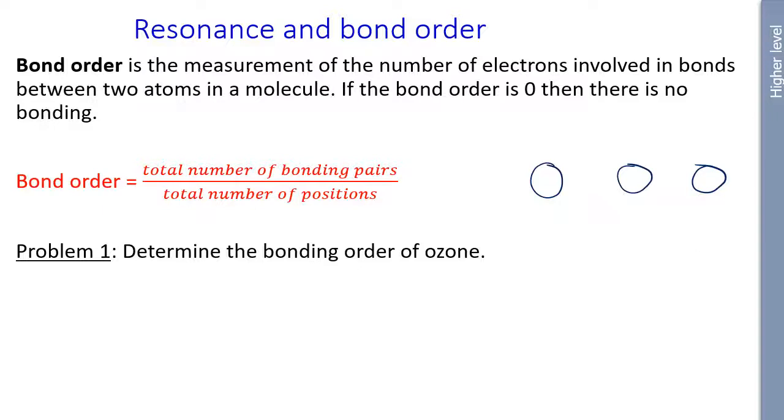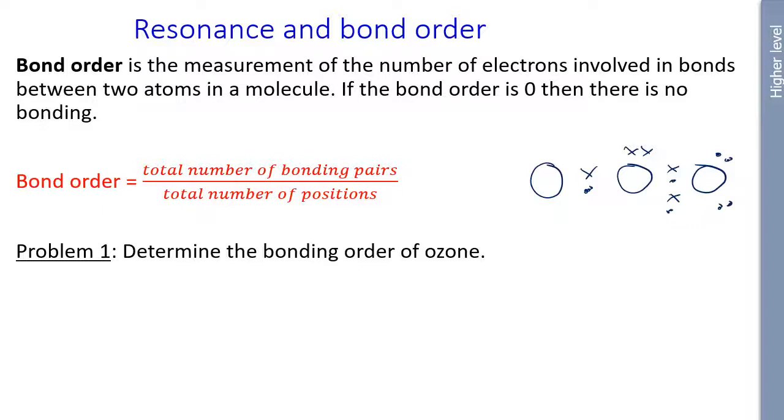You should have an idea, it should be pretty much something like this. It's got 1, 2, 3, 4, 5, 6 around the oxygen, so it must have one more there. It's got now 8. It's got 1, 2, 3, 4, so it must end up with 2 around there.